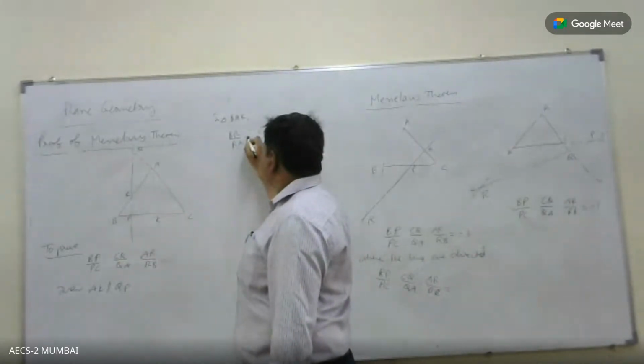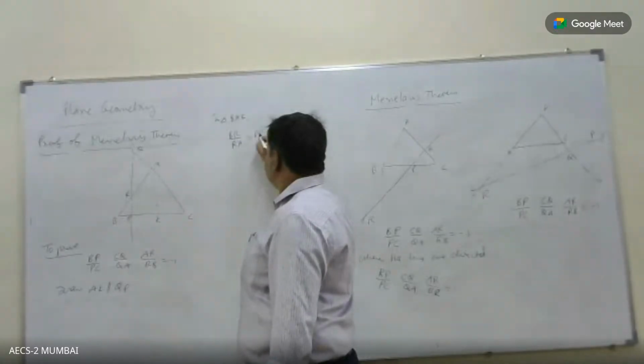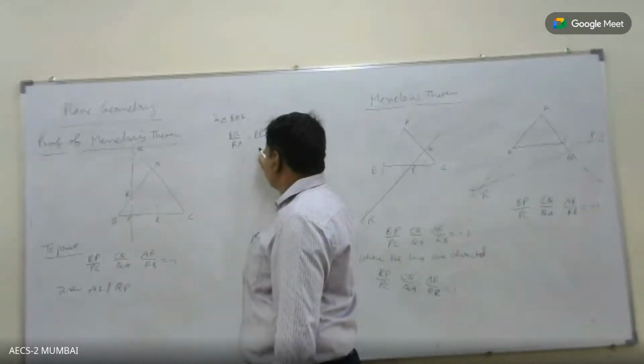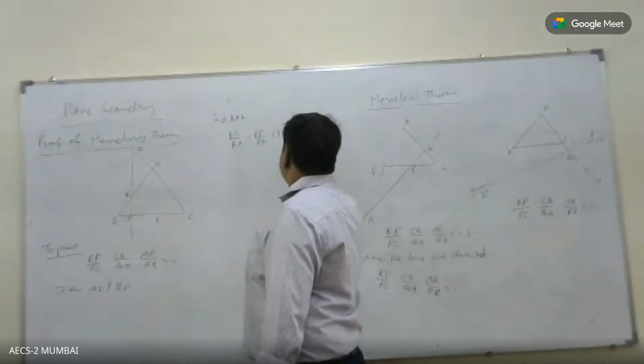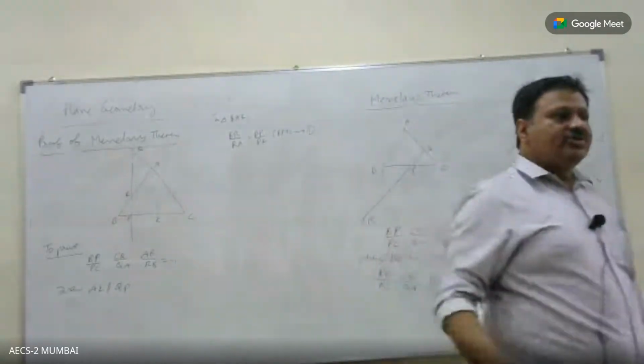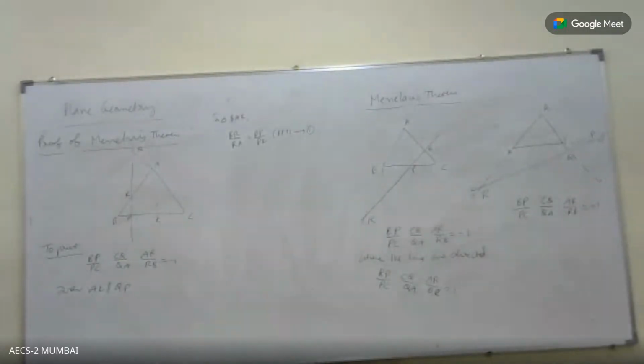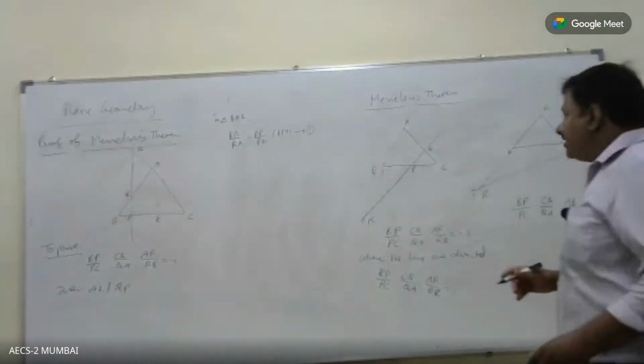PR by RA equal to BP by BK by using BPT. All of you know the basic proportionality theorem, like the main one. Anyone don't know? I will give the concept. BPT, anyone else? Okay. Because we are going to use it again and again.